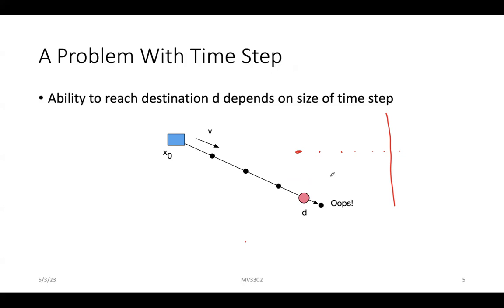I have personally seen at least one or two studies in which the conclusions based upon a time step model were totally incorrect, and they were based on this skipping thing.